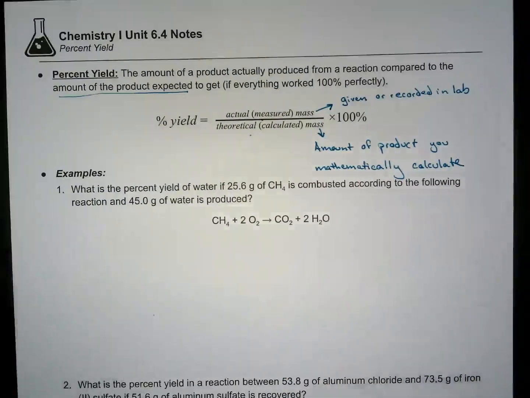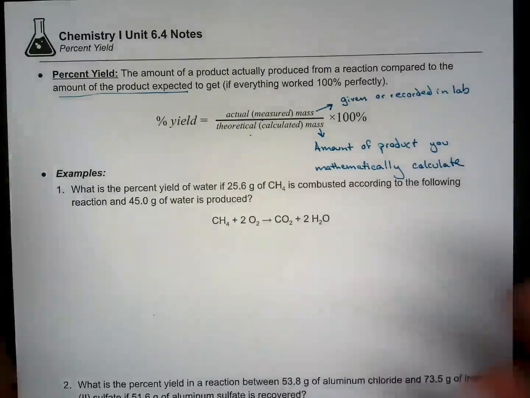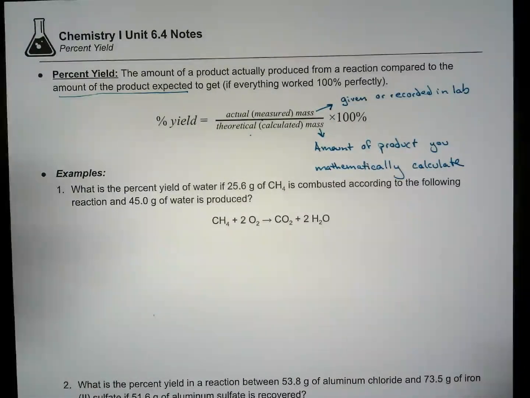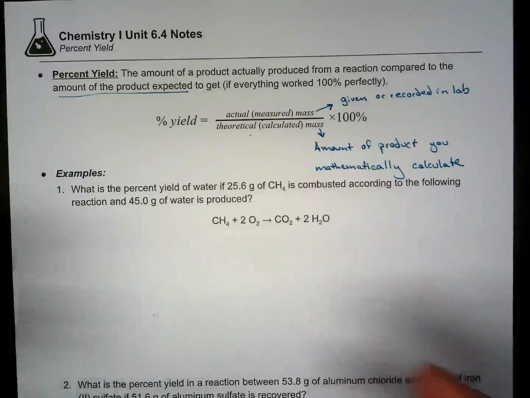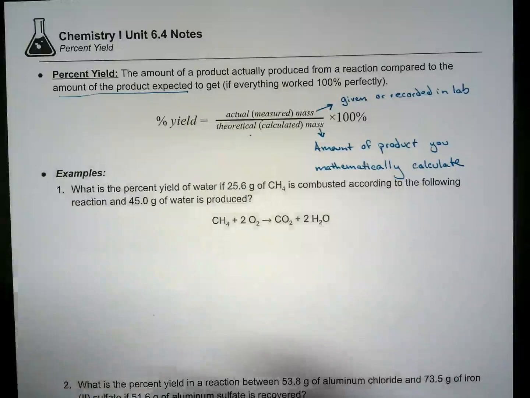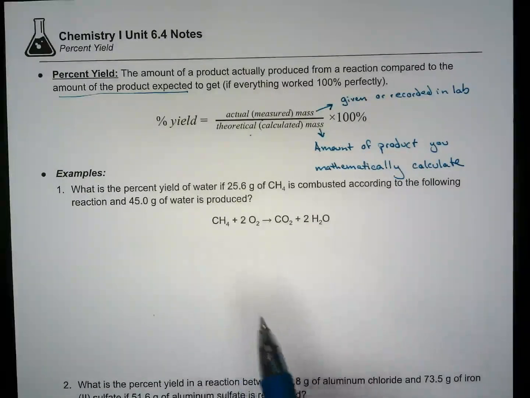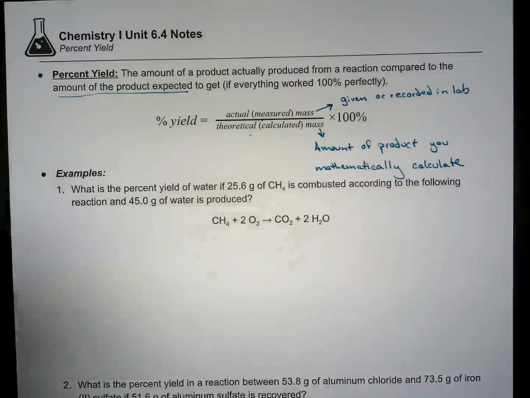So let's take a look at two examples here. We only have these two examples in the notes. Example one is going to be somewhere where everything's been given to you, and we just have to see what it is. We're going to be given the limiting reactant and an actual measured amount, and we just have to compare.